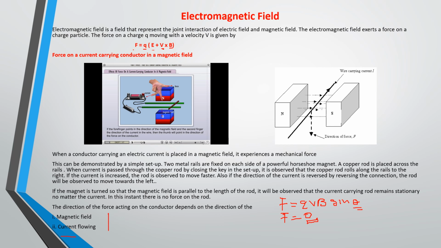So for now, you have understood what it means to say that a current carrying conductor in a magnetic field experiences a mechanical force. Once you have understood that, we can now go to the direction of the force in a current carrying conductor.